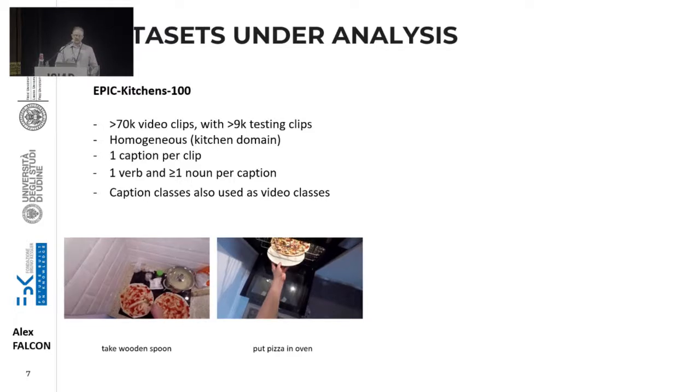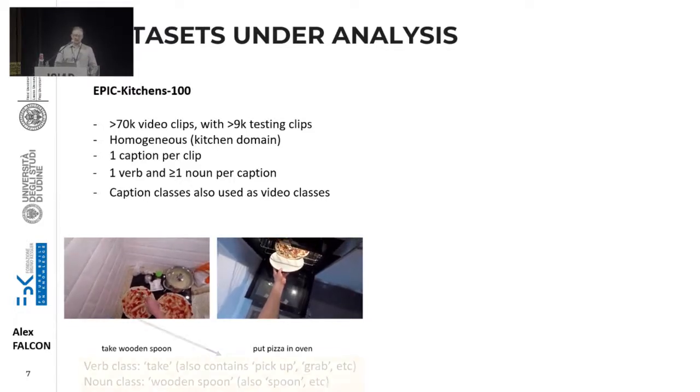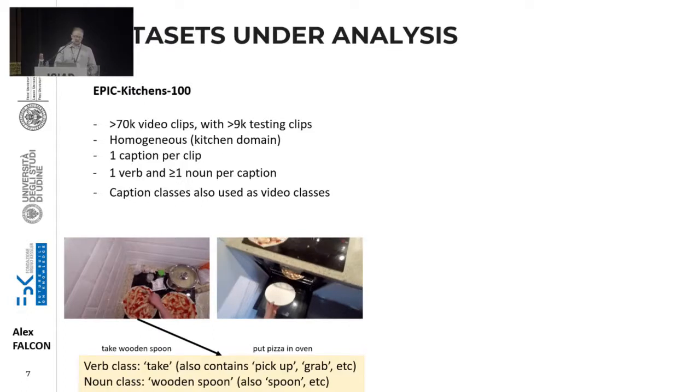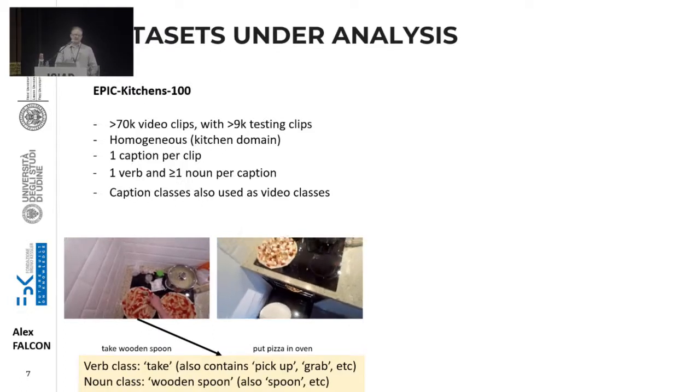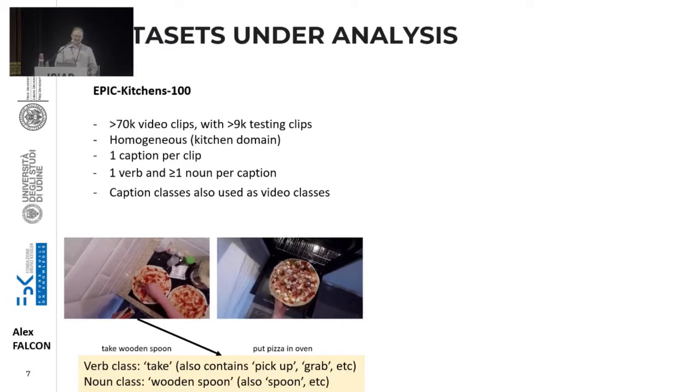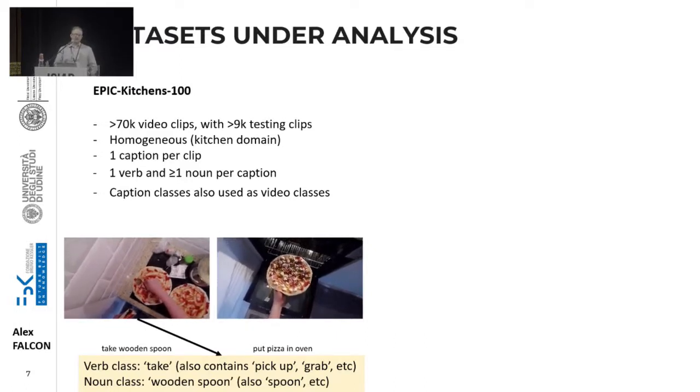For Epic, we use the caption classes as the video classes, which means that, for example, in the example on the left, the class "take" is used both for the video and the caption, and this class contains "take" as well as all its synonyms, such as "pick up," "grab," and so on.